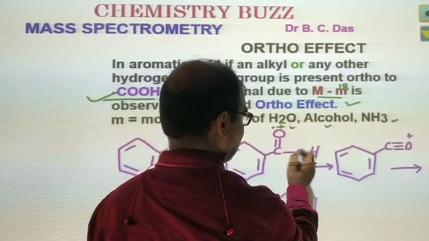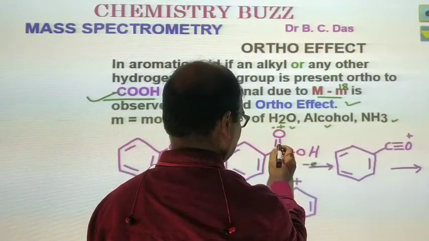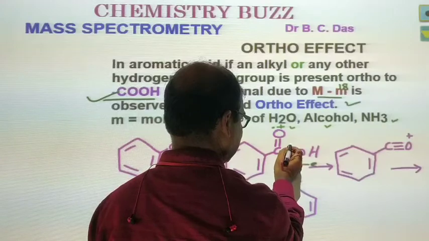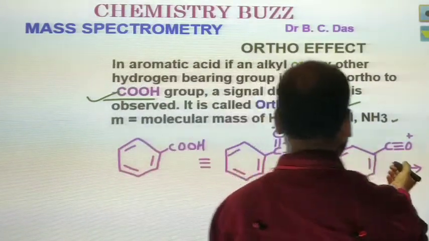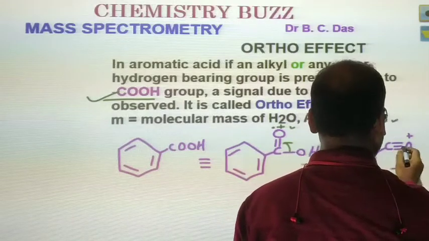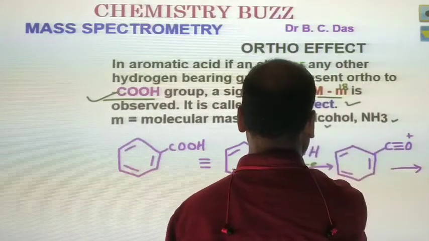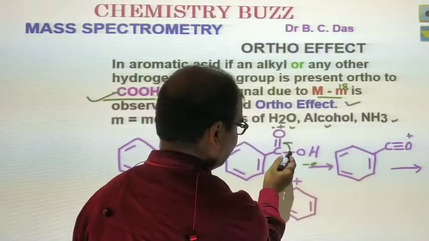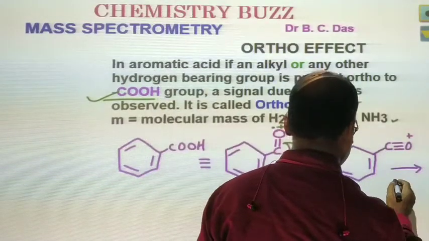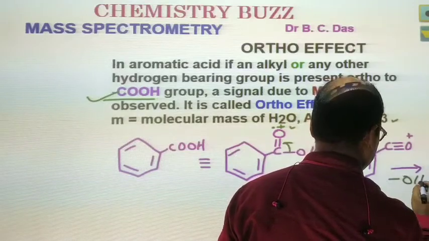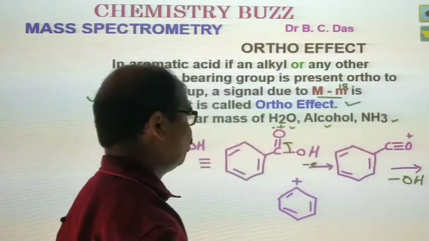This bond polarizes in this direction. A triple bond is formed because here is one pair of electrons and one pair of electrons moves to this, so a triple bond is formed with a positive charge, and OH is removed.